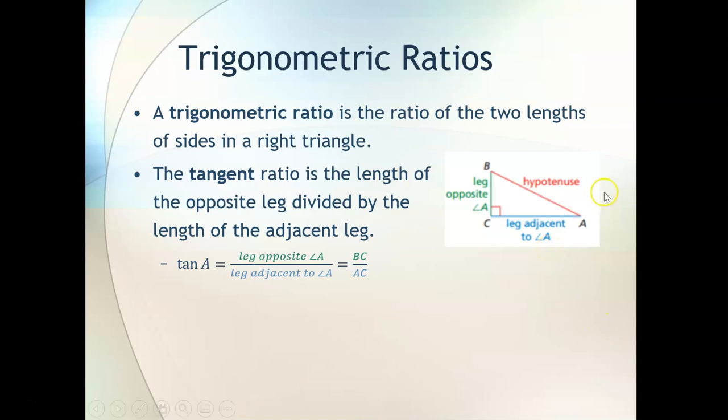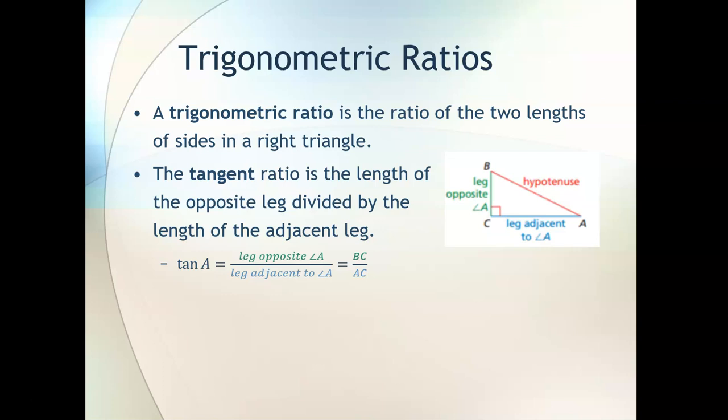So, the tangent is a ratio of the length of the opposite leg divided by the length of the adjacent leg. So I wrote them in the same colors. It's really kind of hard to see. The green is the top of my tangent ratio, and blue is the bottom.